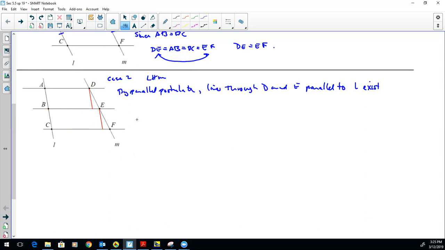So let's call this point X and this point Y, let X and Y be the points where these lines intersect BE and CF respectively.